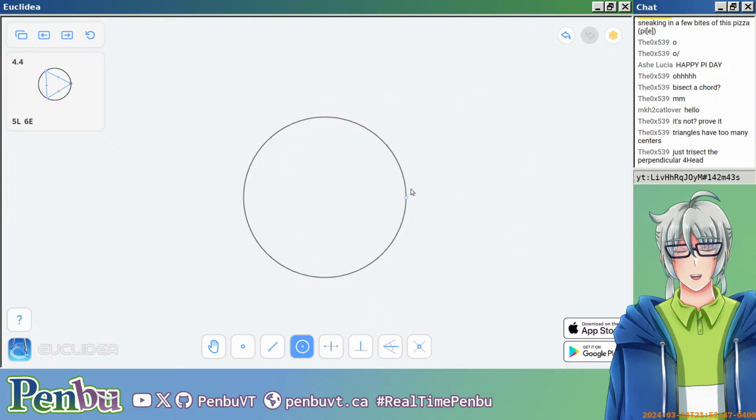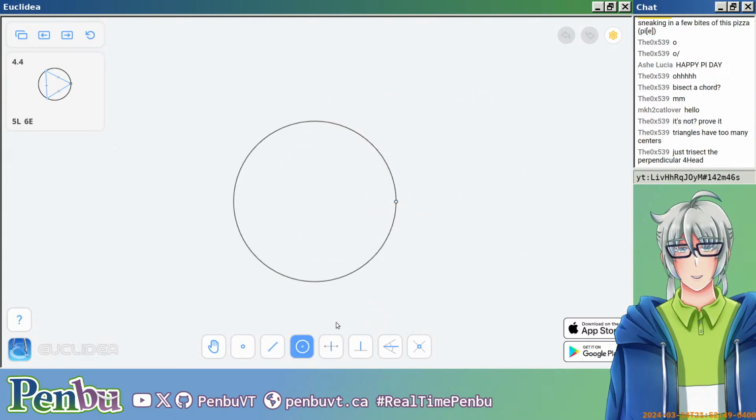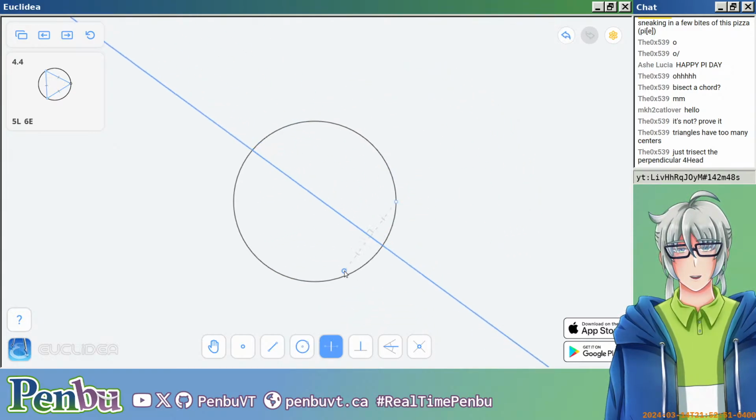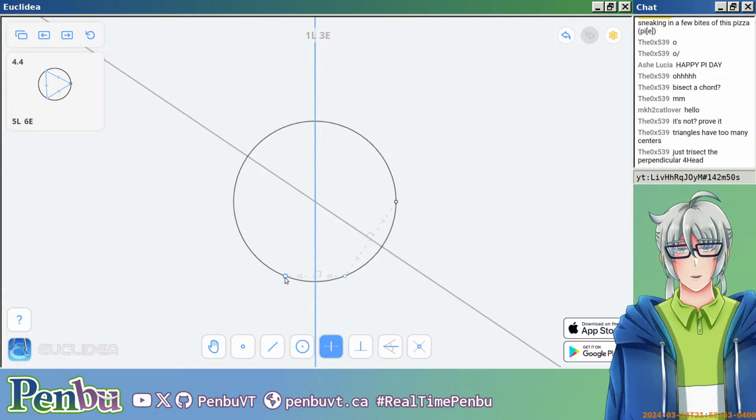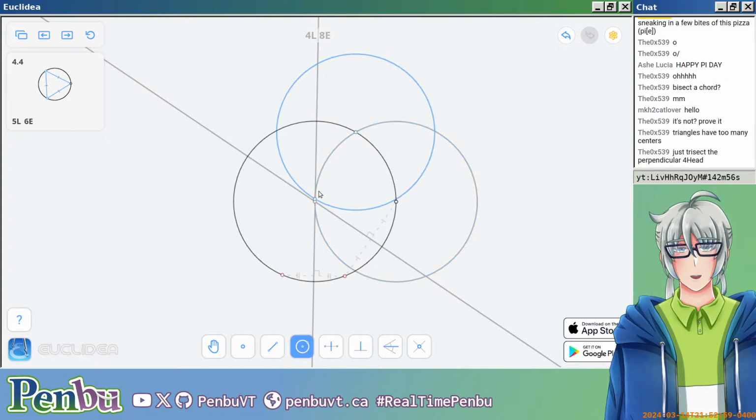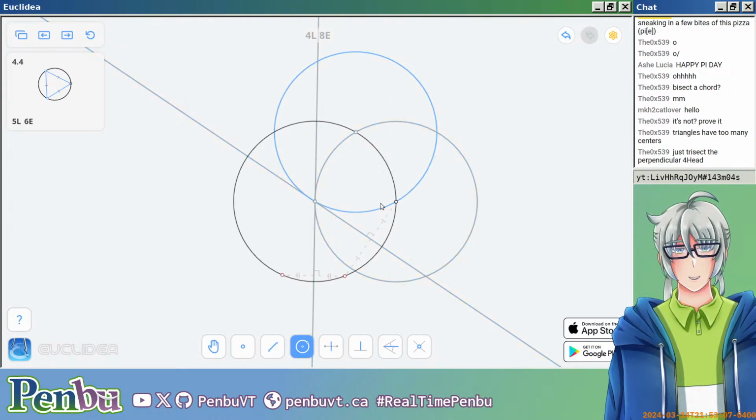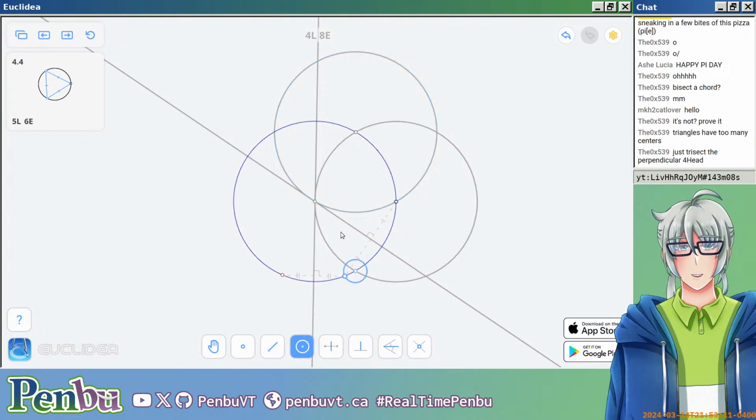But we need some way of knowing the center first. That's what we need this for. And then we have the circles here. We're exhausting all of our moves just to figure out where the points are. So this can't be good.